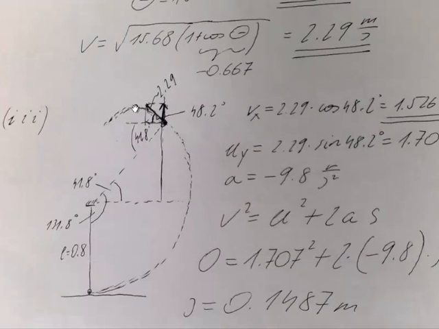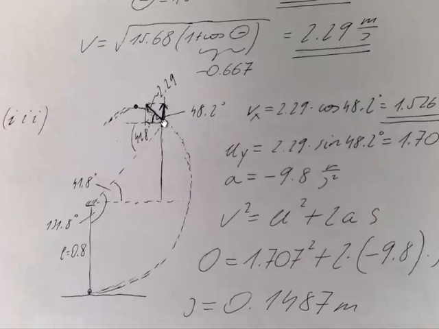Here is our figure. First, the motion is a circle, and from here it's a free fall. So it's a parabola.